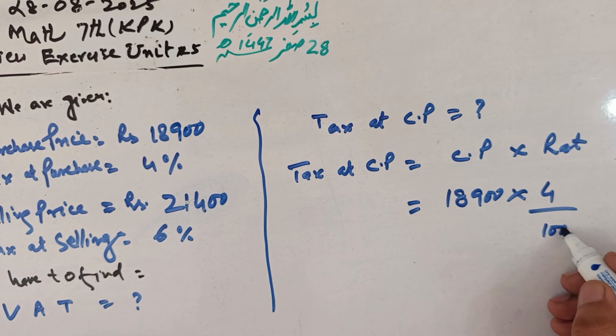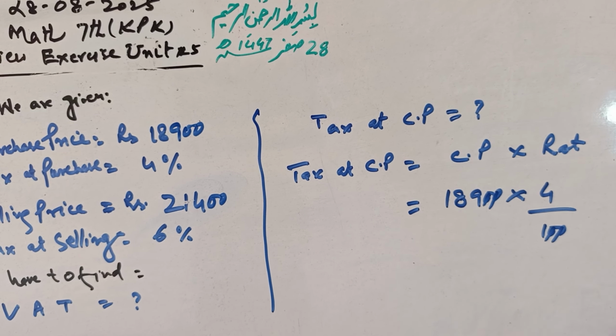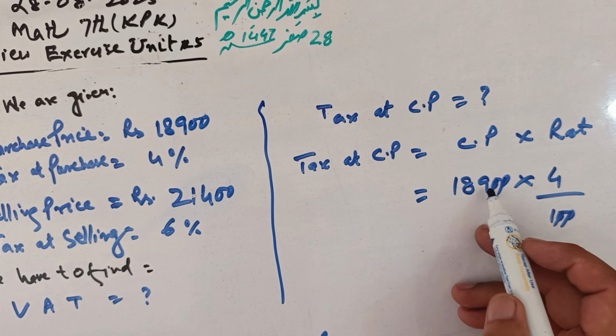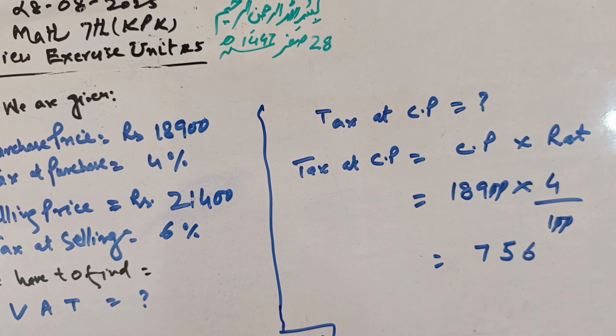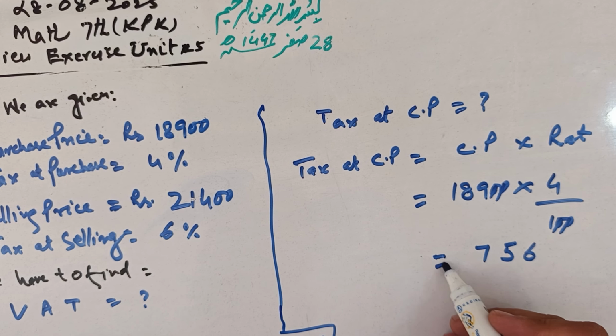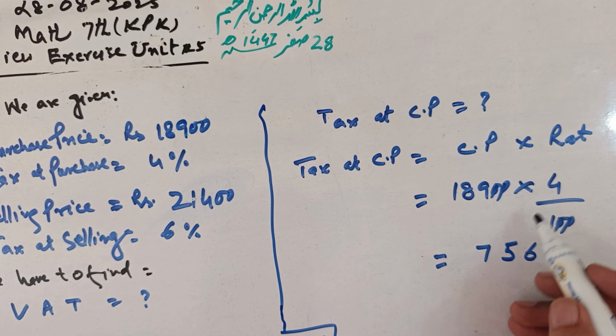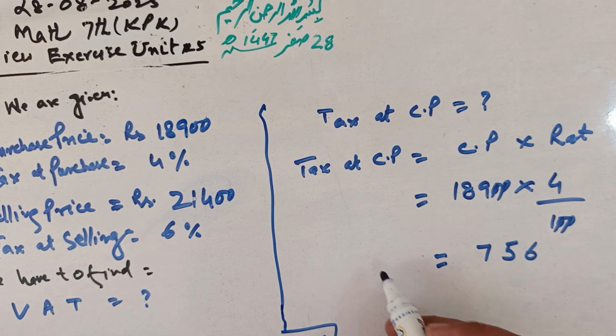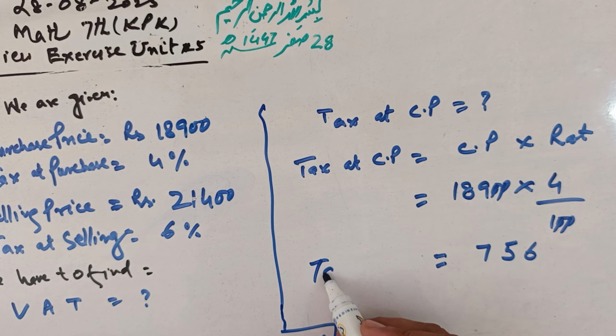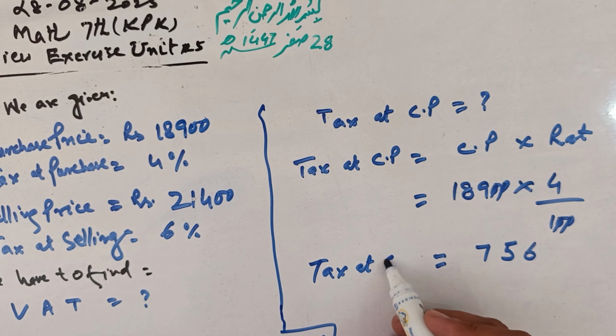So we will cancel these two zeros with these two zeros. We will get 189 multiplied by 4. I multiplied 189 by 4 and got 756. So it is tax at cost price.